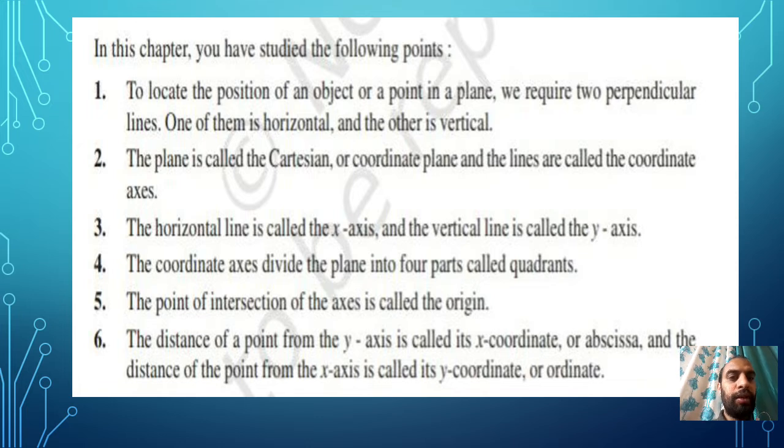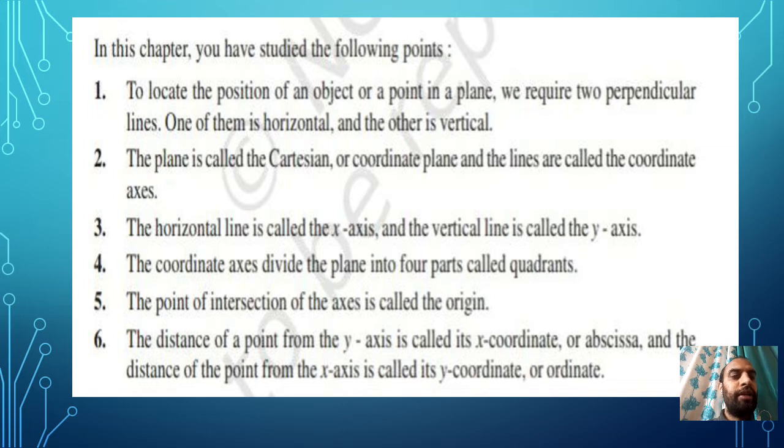Second, the plane is called the Cartesian or coordinate plane, and the lines are called the coordinate axes. After that, we studied horizontal lines. The horizontal number line is called the x-axis.